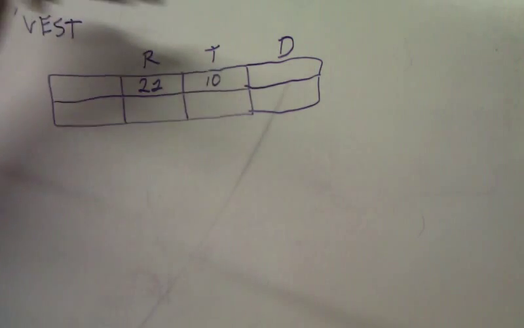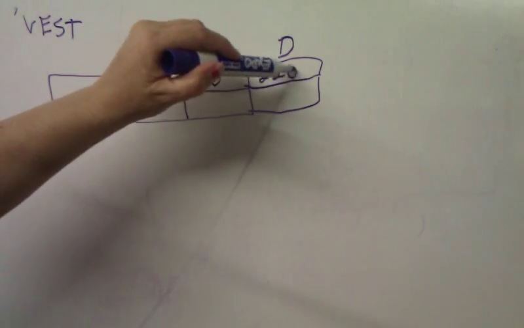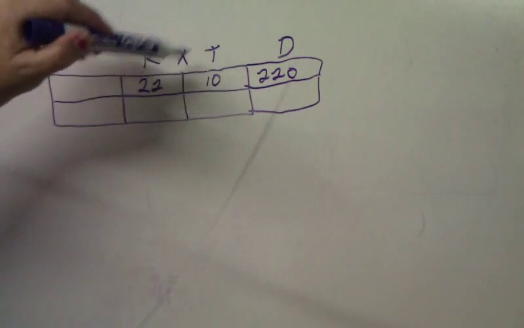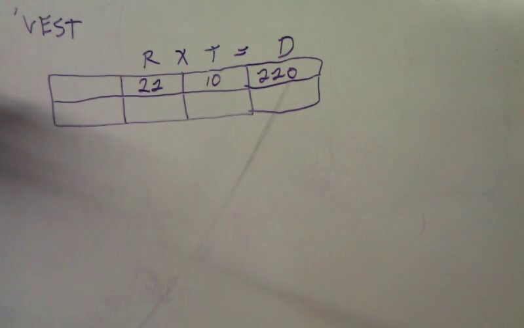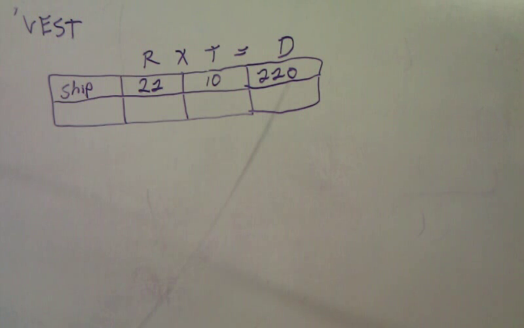So 22 times 10 is 220. Okay, rate times time equals distance. This is what the ship must do. They're both the ship though.